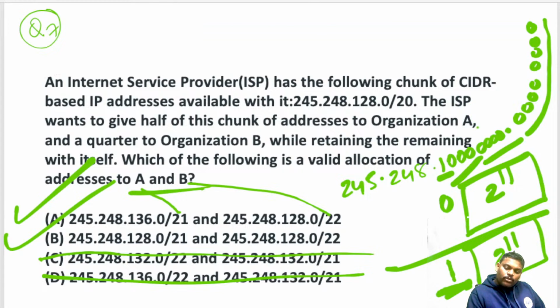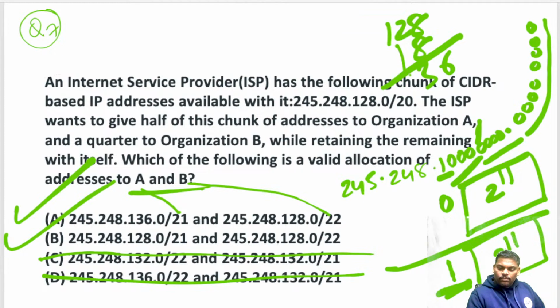The fourth bit is this one. This bit is one more one. 0, 1, 2, 3, 2 cube, 8. So 128 plus 8, 136.